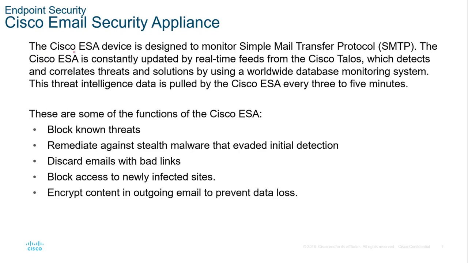This is the Cisco Email Security Appliance, designed to monitor Simple Mail Transfer Protocol. It monitors emails, whether they are exiting or entering the network. They have to be monitored. The Cisco ESA is constantly updated by real-time feeds from Cisco Talos, which detects and correlates threats using a worldwide database.